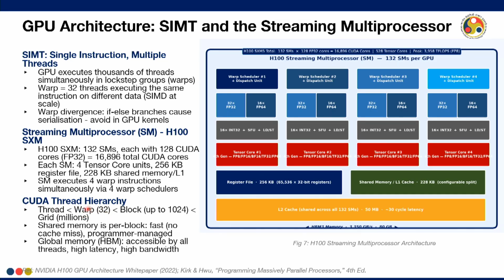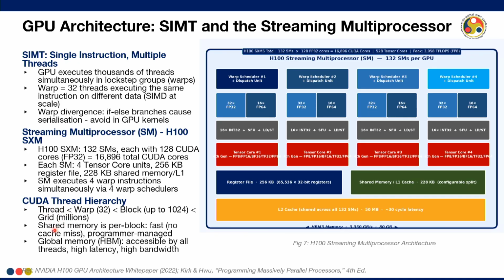Here 32 is the collection of threads making a warp, and then warps make the blocks, up to 1024 threads, and then we have the grids, where millions of such threads can be grouped together.